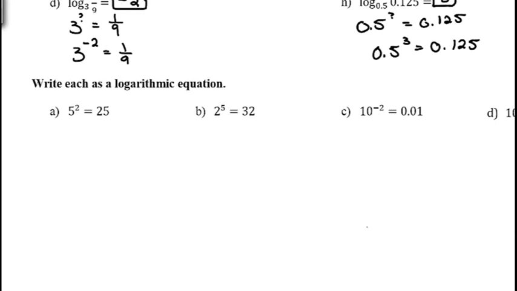Now we want to write each of these as a logarithmic equation. And so our first one, 5 squared is equal to 125. So again, this base 5, and we'll do some different colors here. Sometimes that'll help people visually. So the base of this exponential is 5, so that means the base of my log is going to be 5.